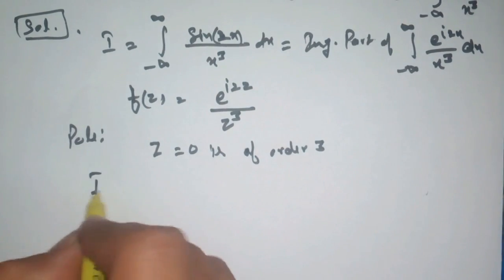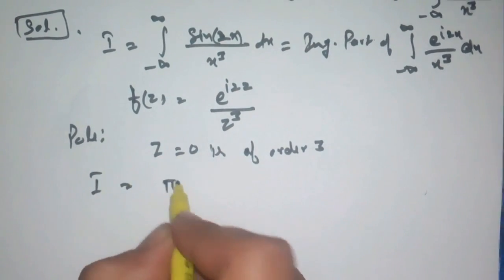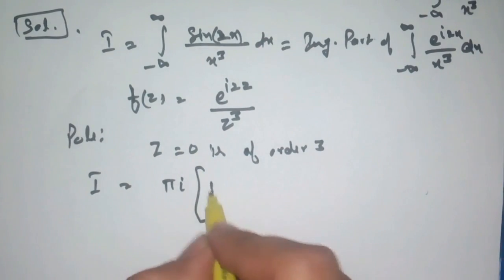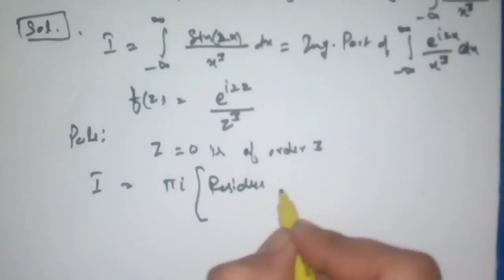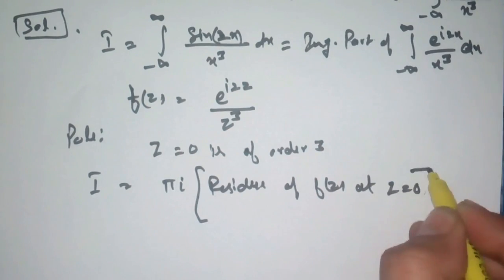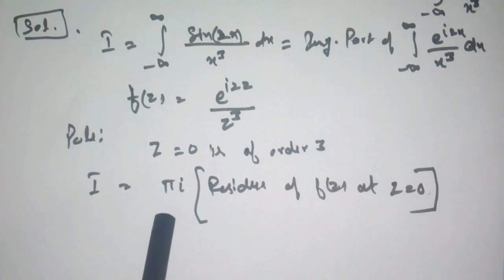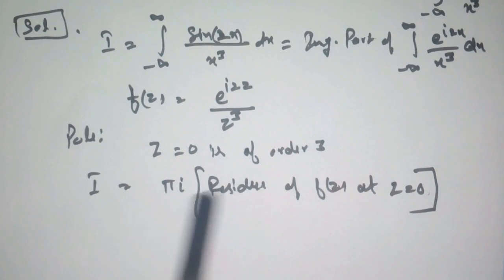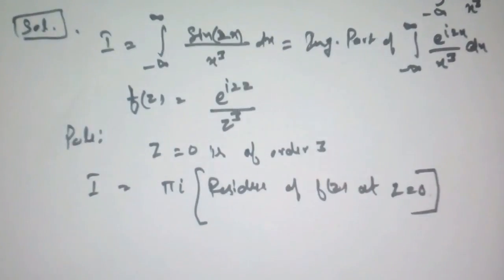So now the value of the integral will equal pi iota times the residue of f(z) at z equal to 0. Here we take only pi iota because we take only the imaginary part.